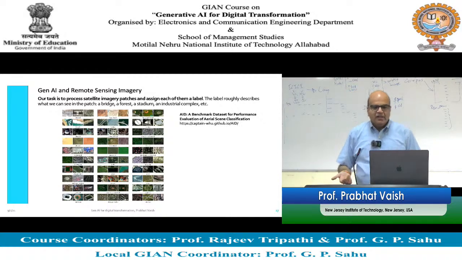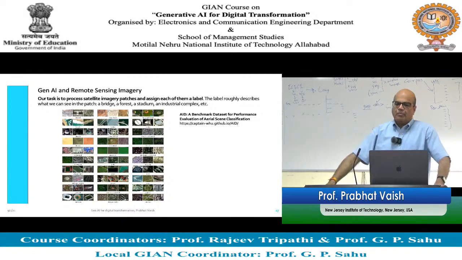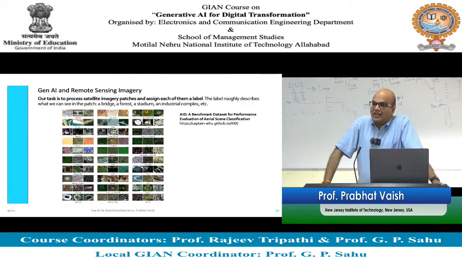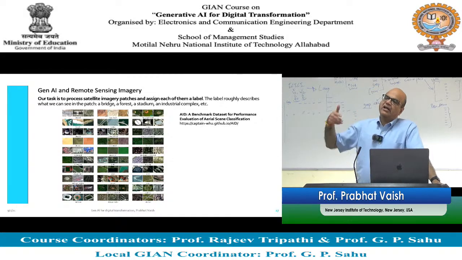The question is how do you go about it? The basic solution is exactly the same. You get the data, you label it, have the learning process run as supervised learning, make sure that your model learns the right thing, and then start experimenting by giving it unseen pictures.